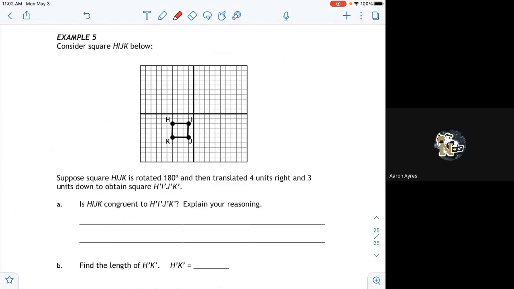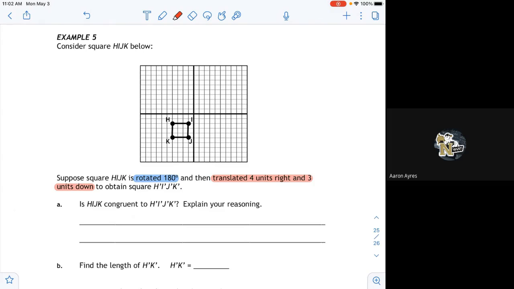All right. So suppose that square is rotated 180 degrees, and then it is translated 4 units right and 3 units down. Now, question A, you should probably be able to answer now without having to graph anything. So answer it real fast, and then I'm gonna have you compare your answers with group mates. If you need to graph it, then graph it.